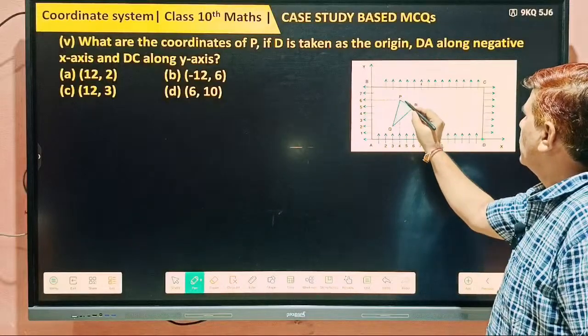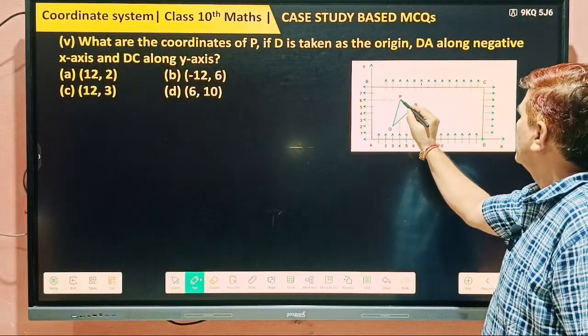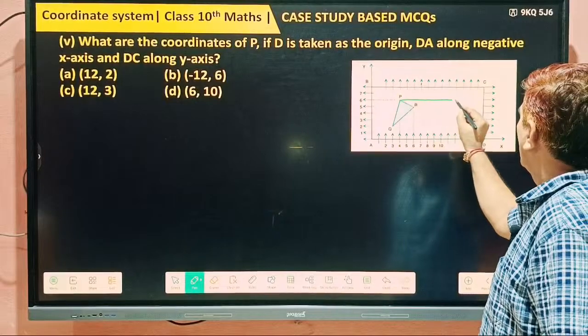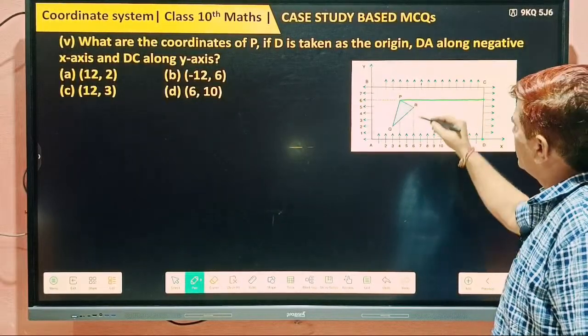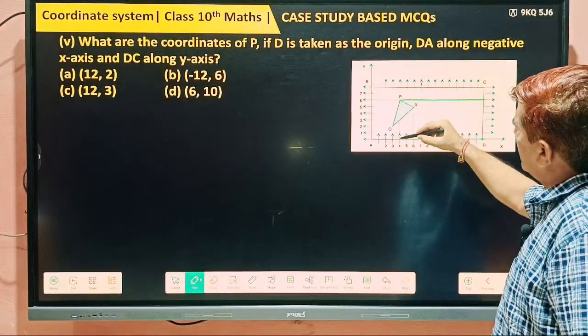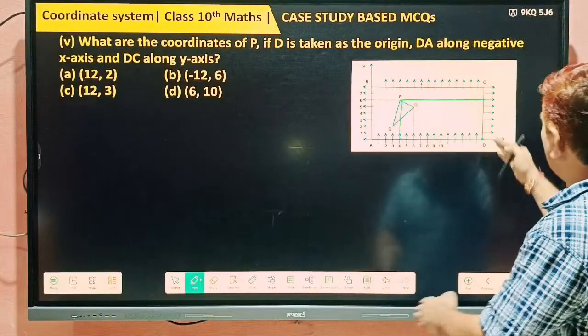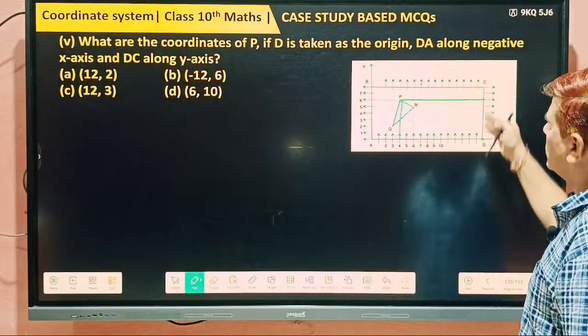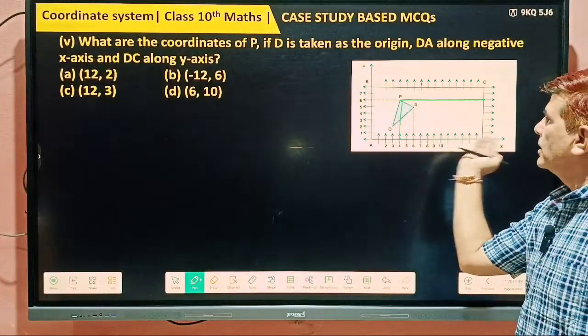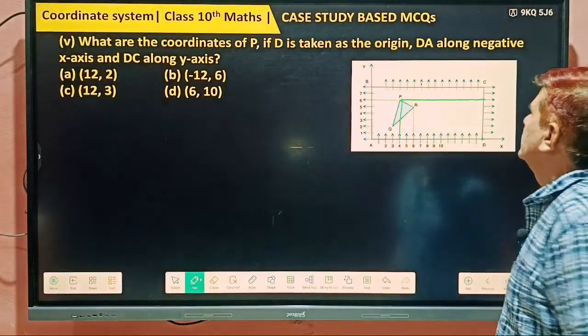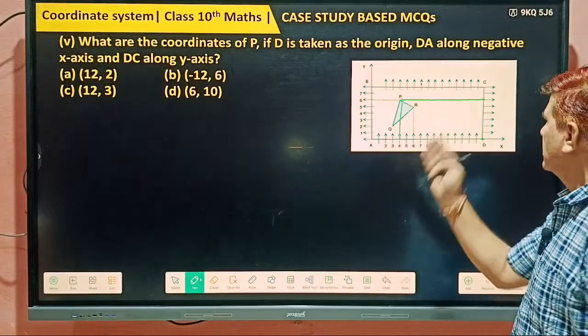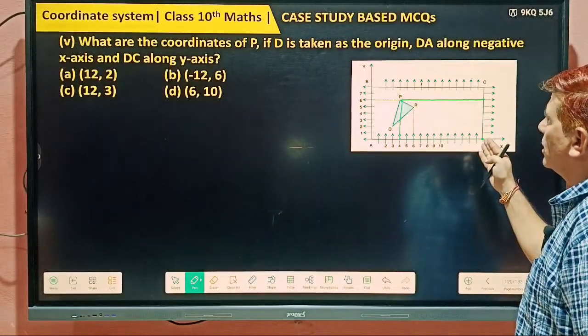Understood? So what are the coordinates of this point? This and this. This is the origin. So this is the y-axis and this is the x-axis. This is the origin we have taken.